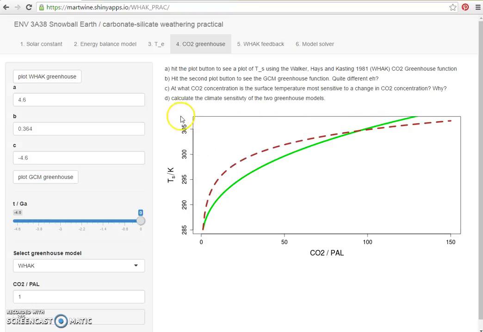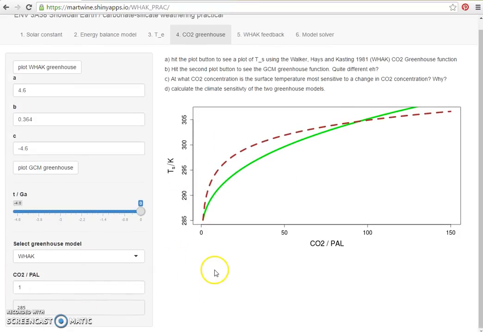So then part D is calculate the climate sensitivity of the two greenhouse models. Now, the climate sensitivity is the temperature change for a doubling of CO2. So we can use this part of the interface down here to do that calculation.